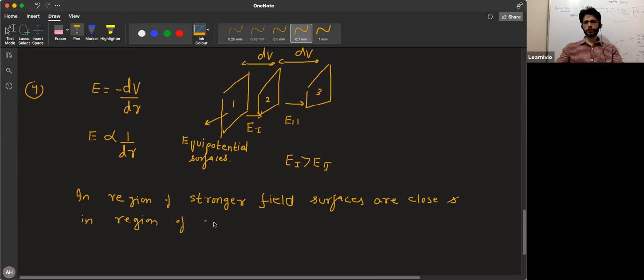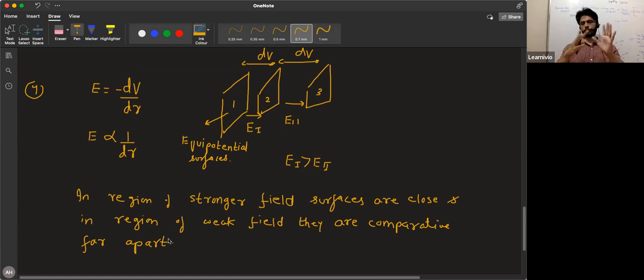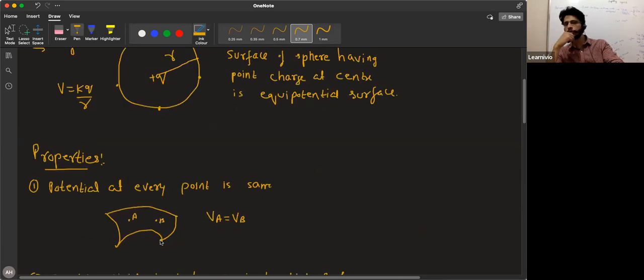In region of weak field, they are comparatively far apart. The strong field, so if field is stronger in a region, in that particular region, surfaces are close. And if field is weak, then surfaces are comparatively far apart. So these are 4 properties of equipotential surface.